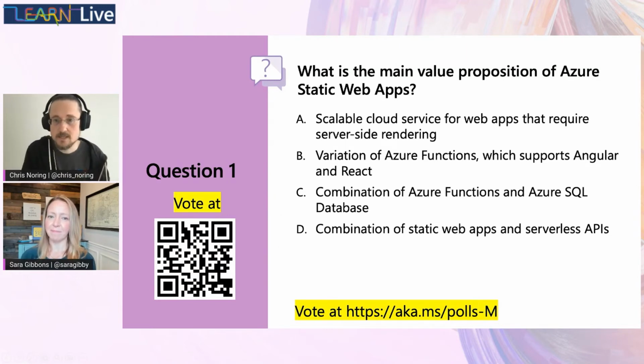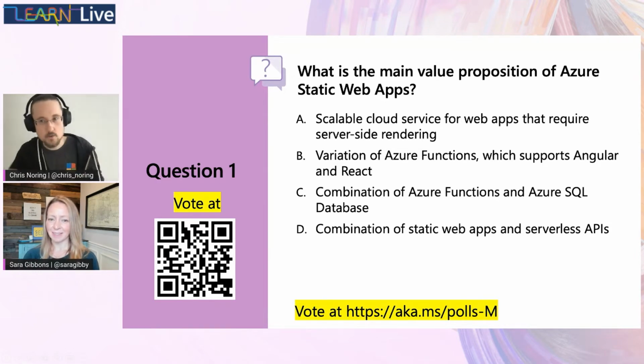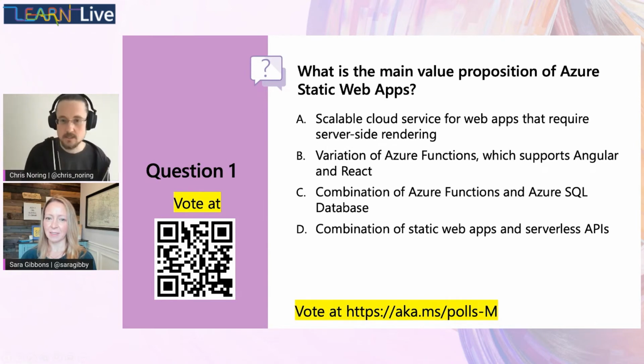Now, let's examine these statements a little bit. Let's have a look at B, for example. It's saying it's supporting Angular and React. Last time I checked, I think static web apps supported quite a lot of frameworks on top of Angular and React. So it is true, but there should be more to it, because it's supporting Svelte, Gatsby, and a lot of other frameworks.